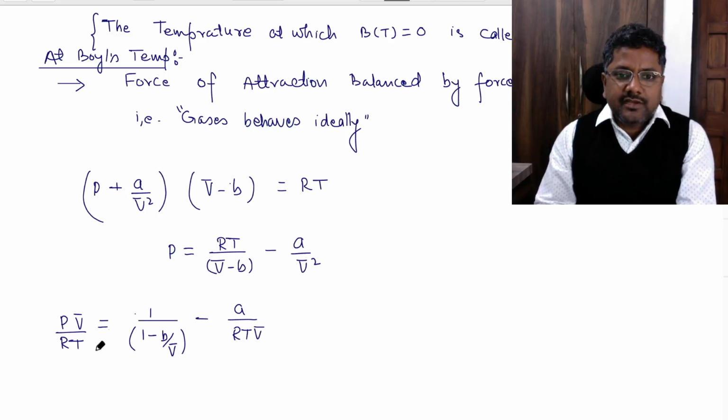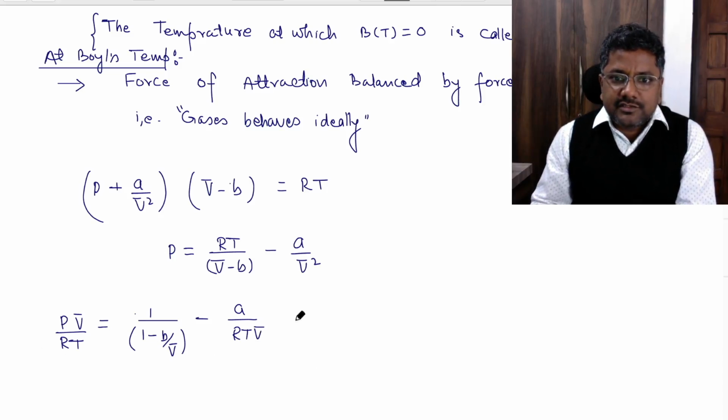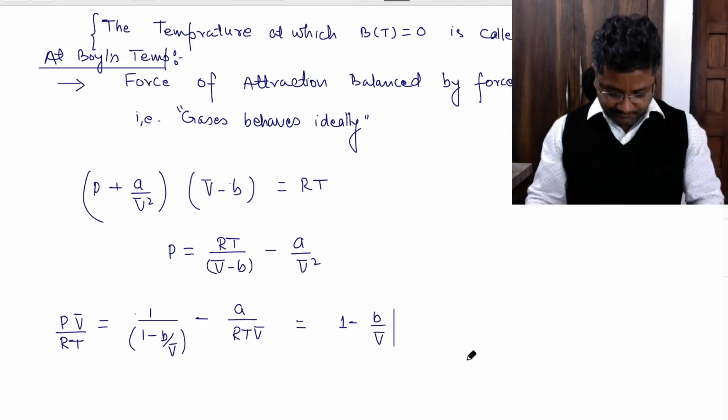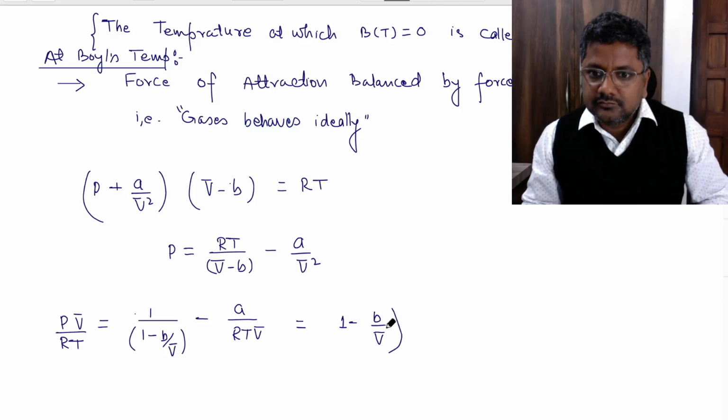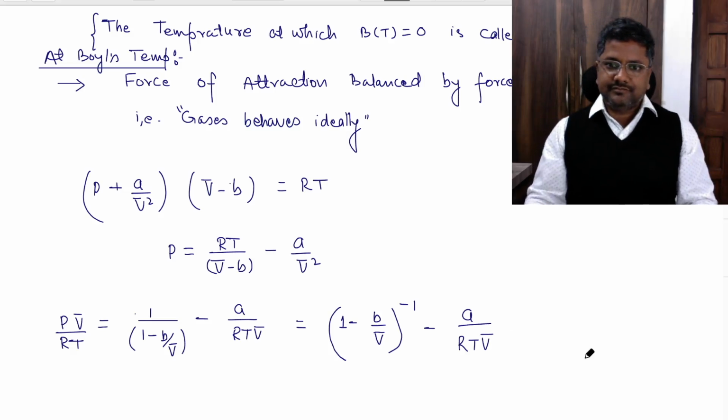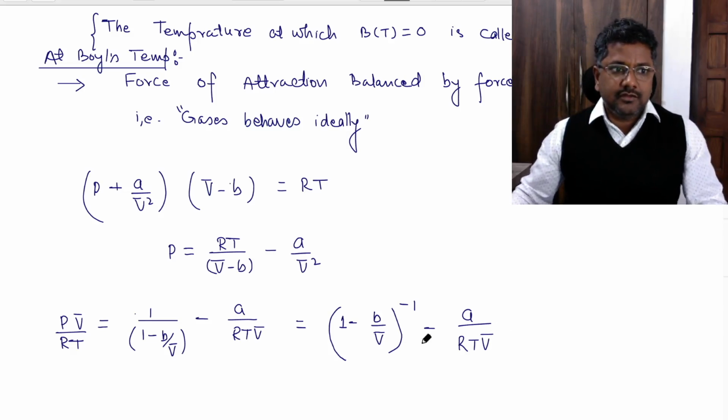This is equal to Z, so Z = (1 − b/V̄)^(−1) − a/(RTV̄). Right?